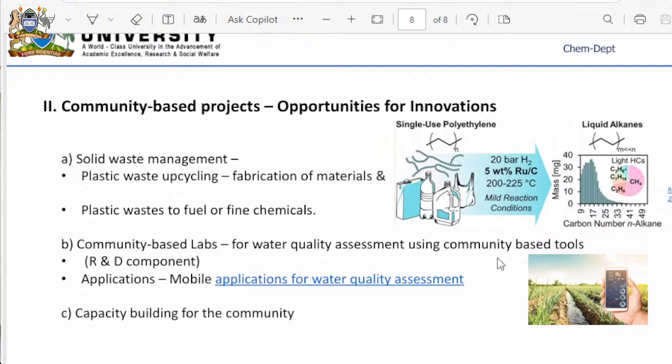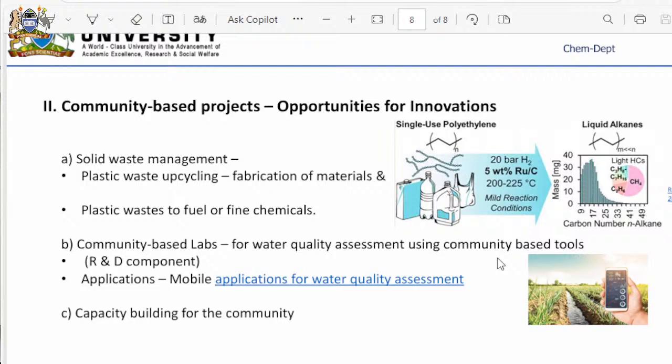So one of the projects that we are trying to partner on is solid waste management. This project is in the works, and we are trying to come up with an idea that can integrate the students and even some of the staff in the community. One is in fabrication of materials, so that we take things like plastic and, instead of disposing of them, we reuse them, okay?